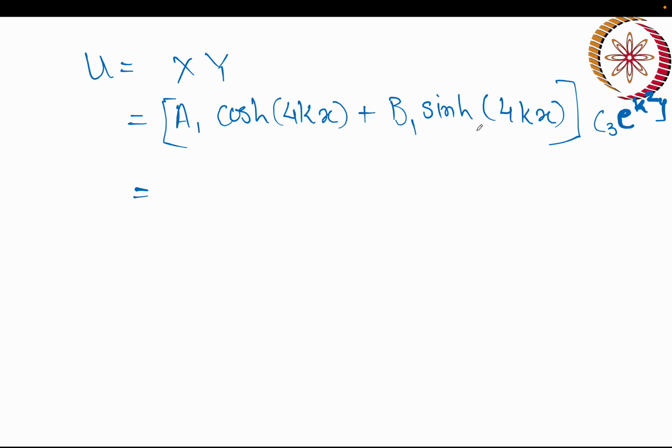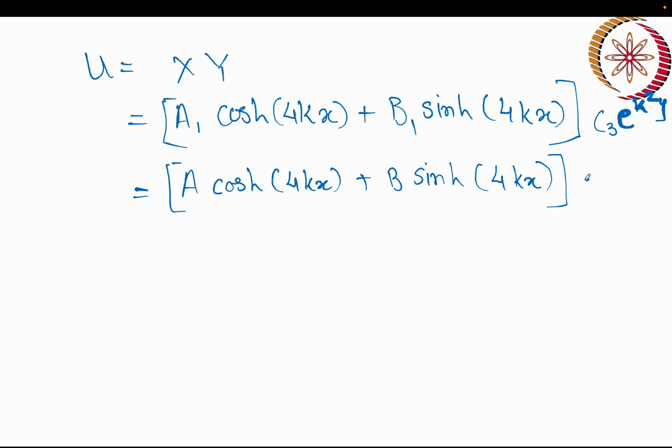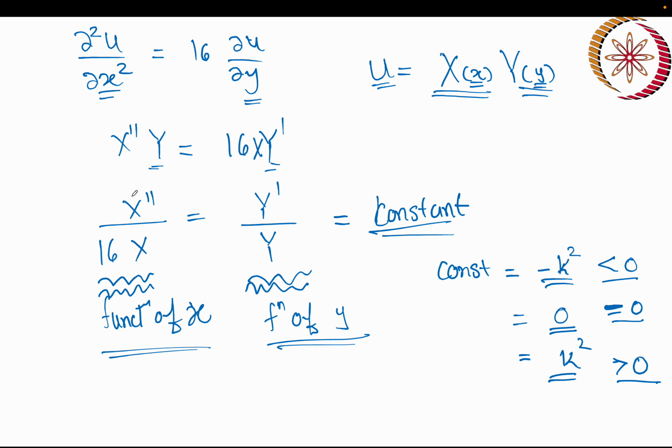Okay, so after taking the c inside, finally it will be a cos hyperbolic 4kx plus b sin hyperbolic 4kx, and outside e raised to k square y. Okay, so these are the three cases. These were the three cases possible for this, and we saw how to find out the solution for this given equation.